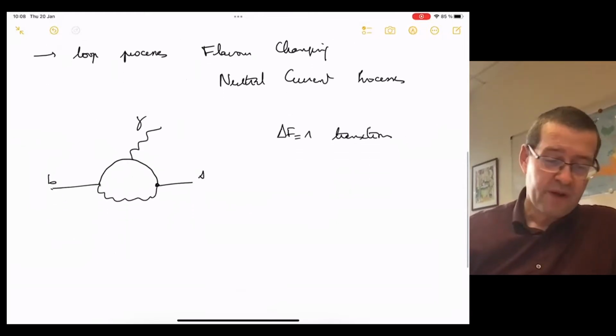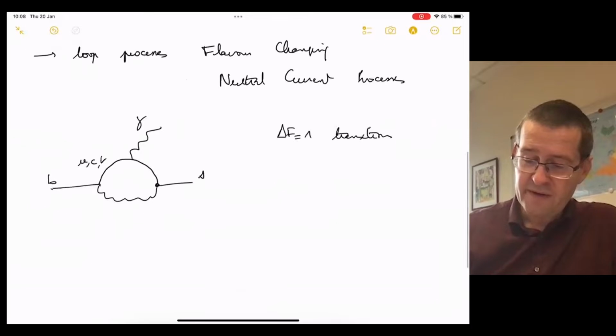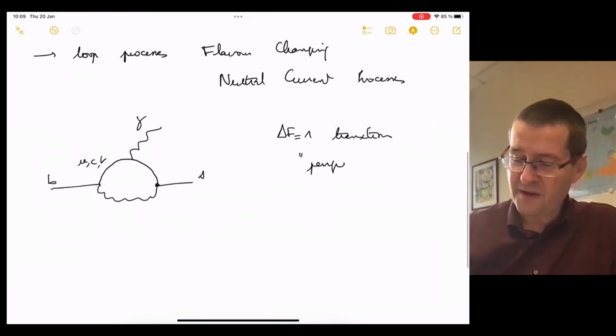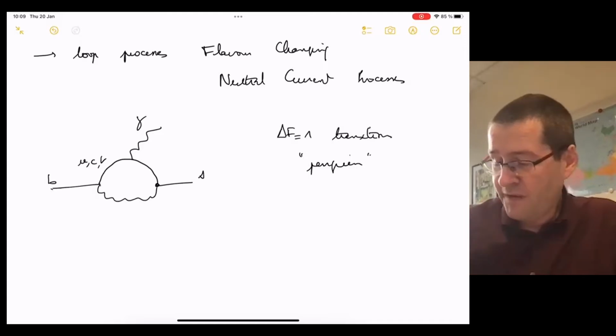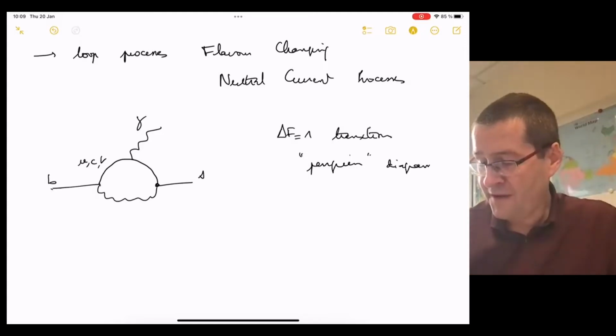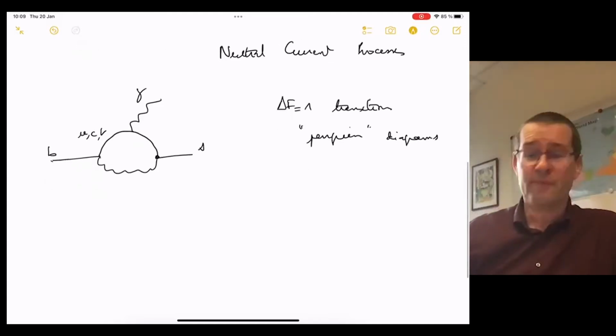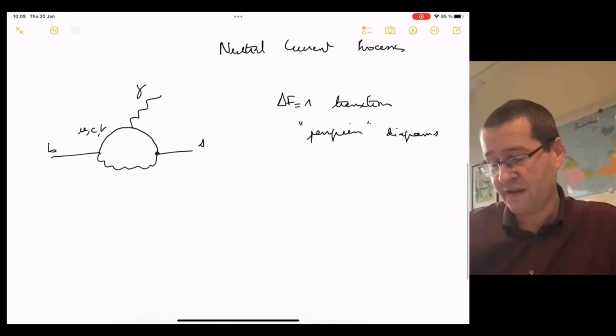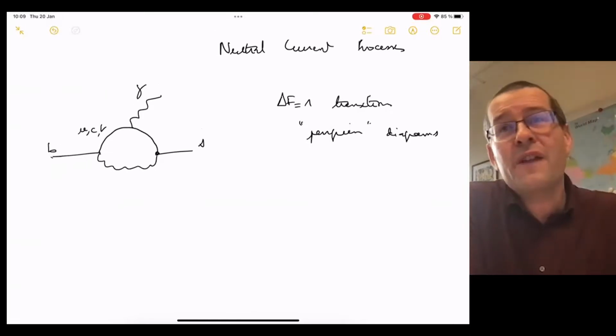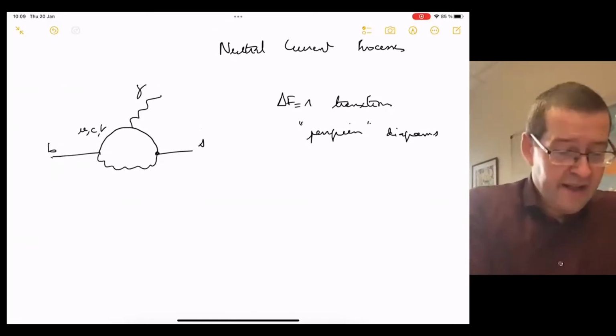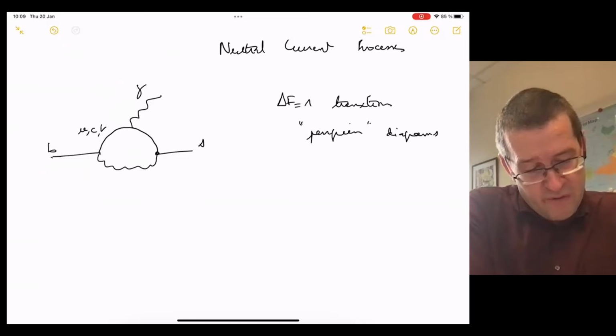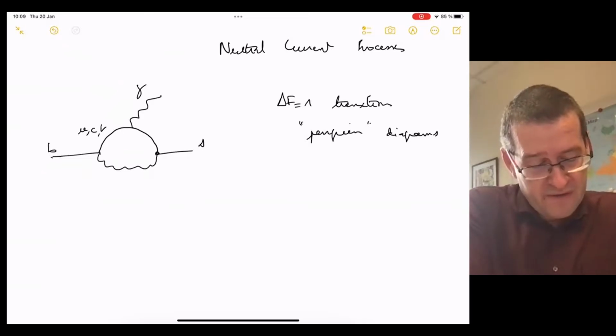All these kinds of loop diagrams are known under the very highly technical term of penguin diagrams, for reasons that have more to do with private jokes among theoretical physicists than anything else. But that's how you encounter that in the literature.